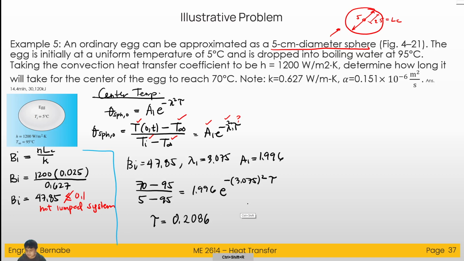So it is almost 0.2, but this is still greater than 0.2. Therefore, this is good, we can use the formula.